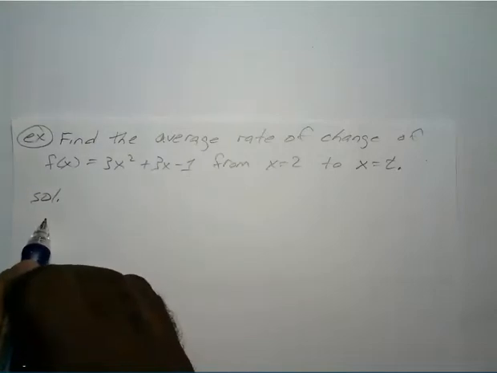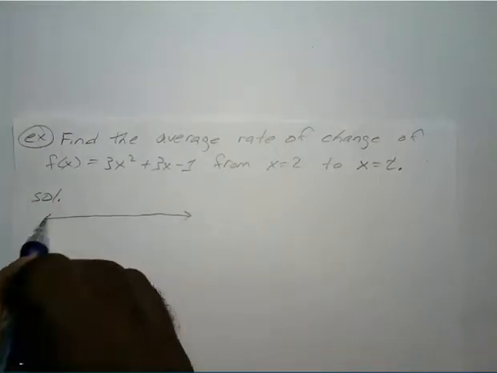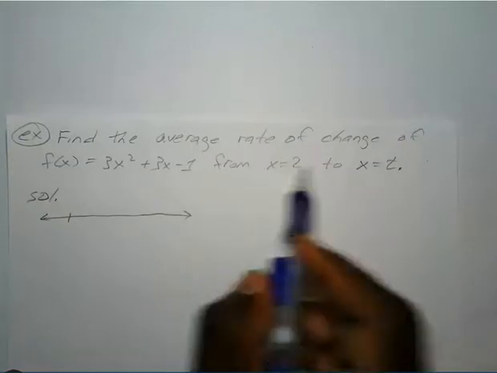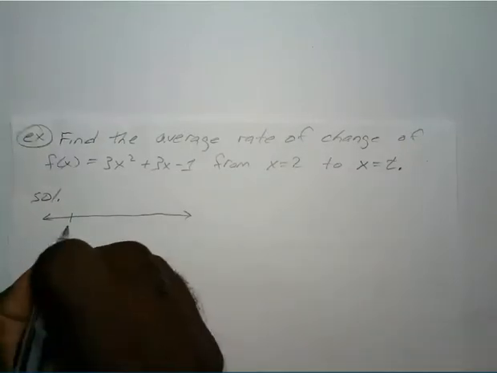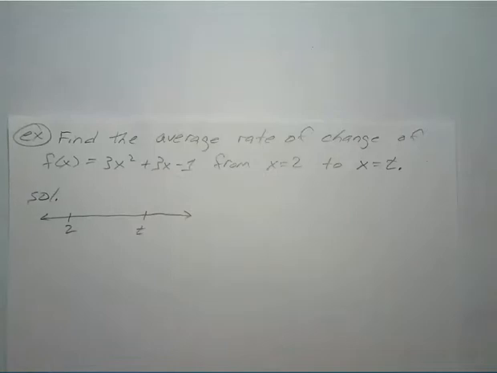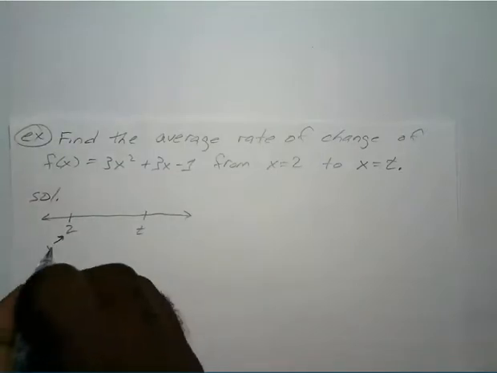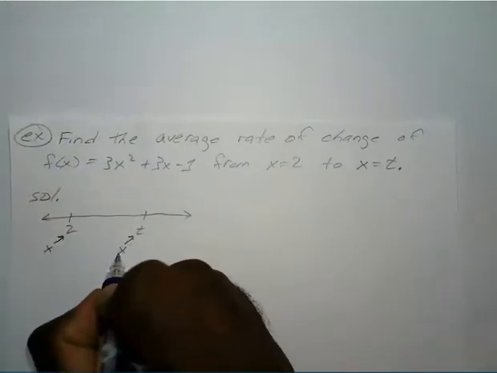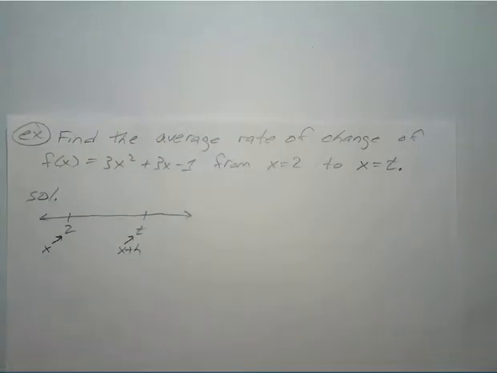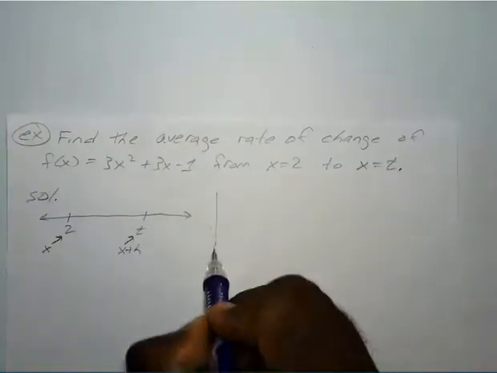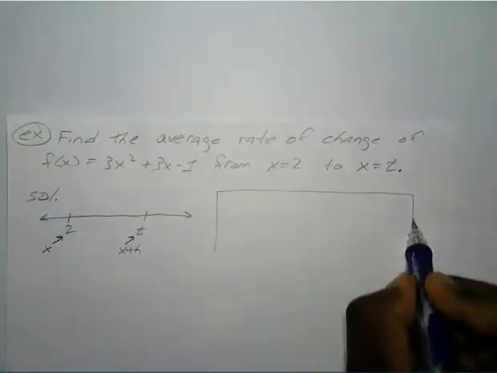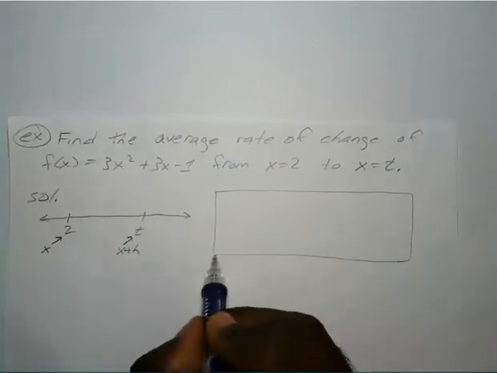Okay, so once again, we get our handy number line. We have from x equals 2 to x equals t. Of course, this is our x, and this is our x plus h. Okay, so far, nothing's changed. All right, so how do we calculate our h? This is where it comes in handy to go through the steps and understand the actual concept.